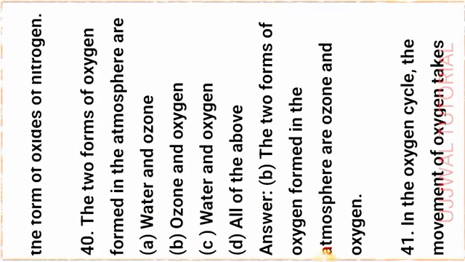Next, question number 40. The two forms of oxygen found in the atmosphere are option B, ozone and oxygen. To explain, the two forms of oxygen found in the atmosphere are ozone and oxygen.